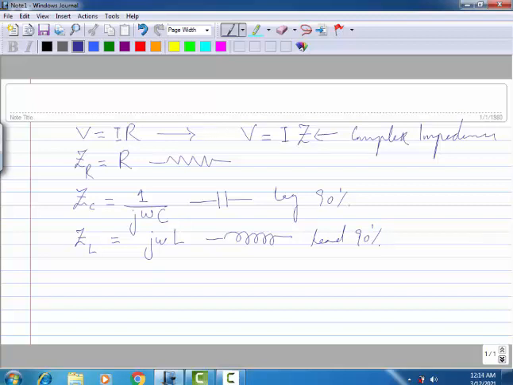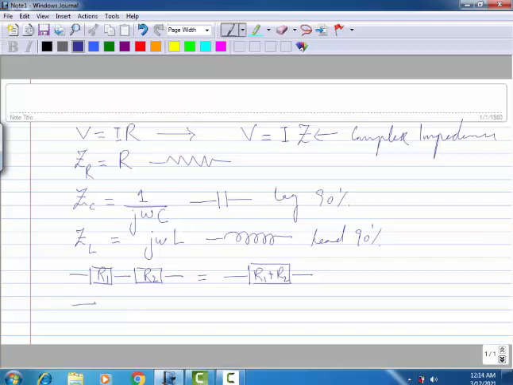Now if you remember, if two resistors are connected in series, they add, so the equivalent is R1 plus R2. Similarly, if there are two impedances, in this case they must be real impedances, you can do the same thing.